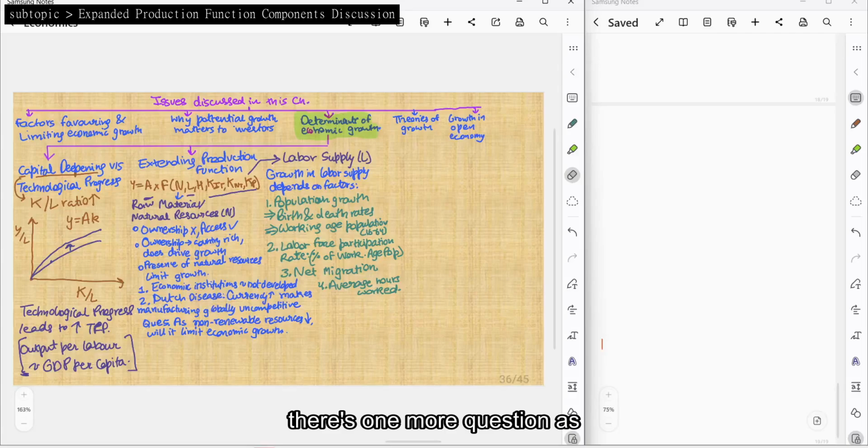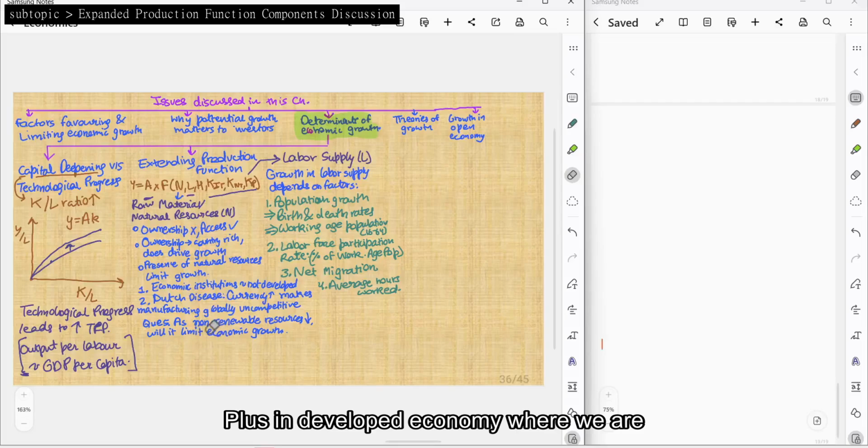Now there is one more question on non-renewable resources. Non-renewable resources like oil and fossil fuels are depleting. Will it limit economic growth? The answer is no, because as these resources deplete, their price will go up and naturally other substitutes will be developed.